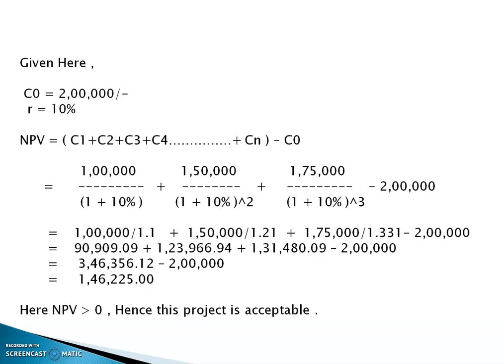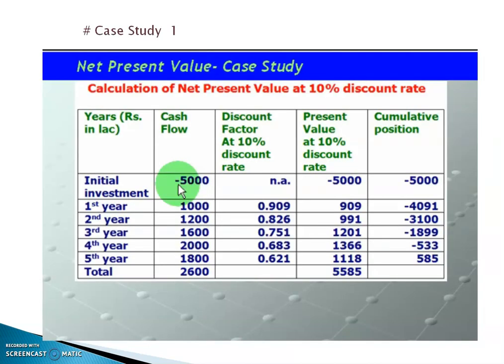Let's see another case study. In case study 1, the discount rate is 10%, the initial investment is 5,000, and the cash flows for 5 years are 1,000, 1,200, 1,600, 2,000, 1,800. Total cash flows are given here, and the discount factor is 10%.